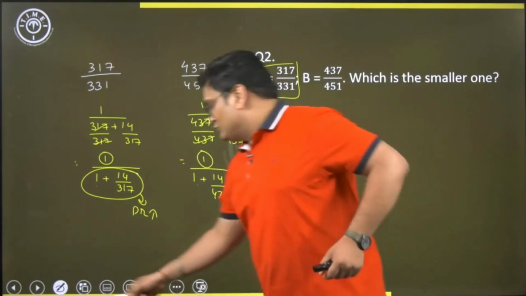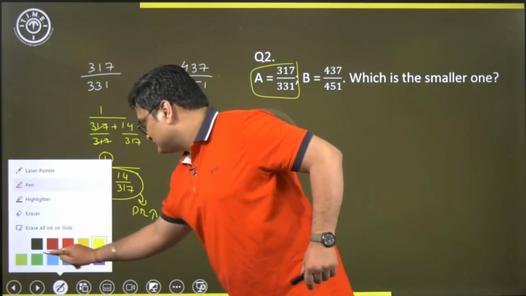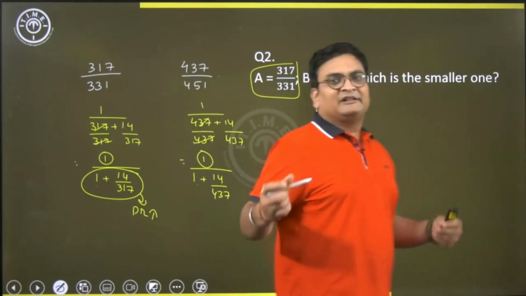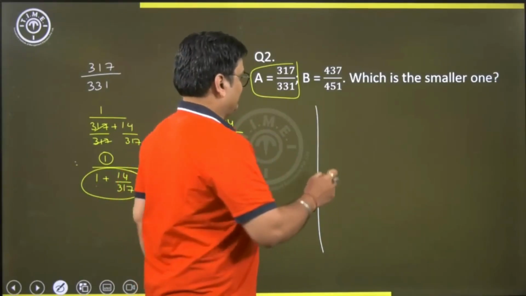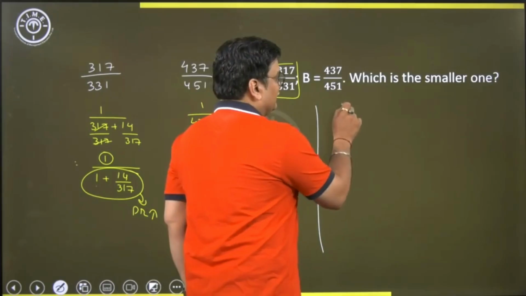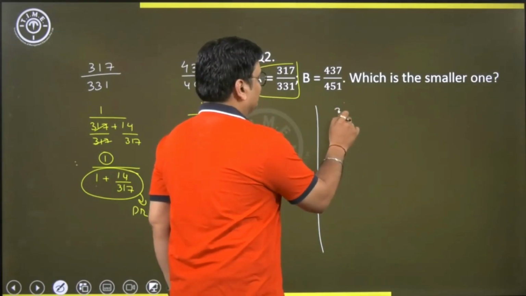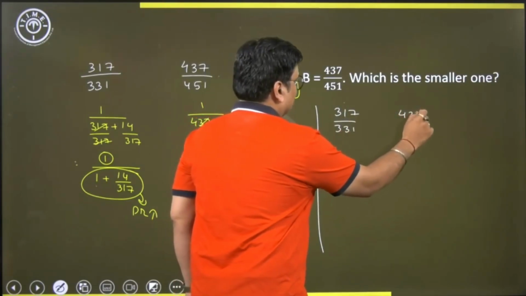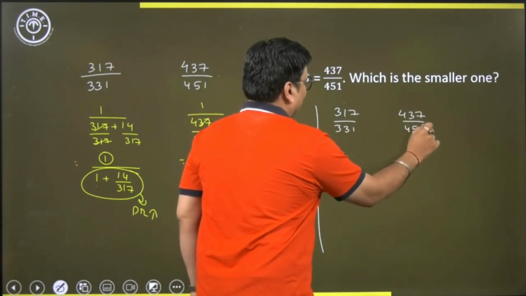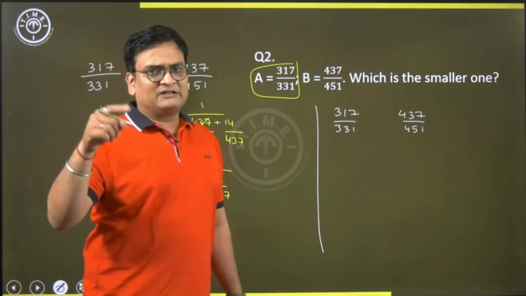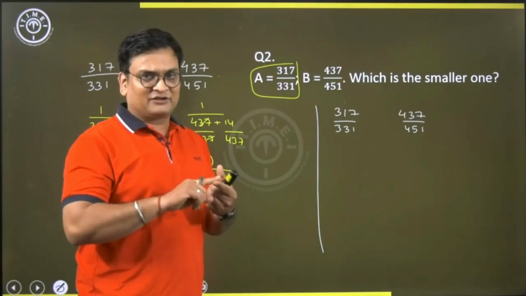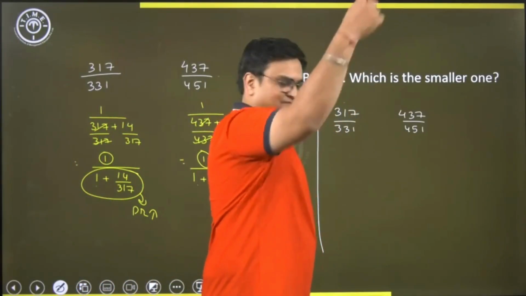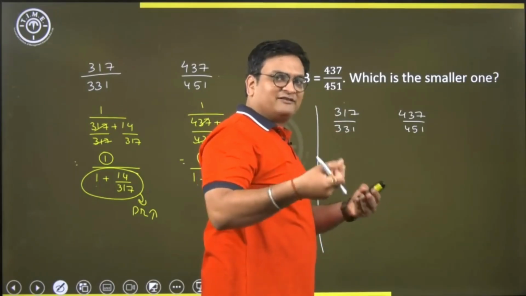However, let me also teach you one more trick here. Now look at the trick. The trick is, in case of proper fractions, if the difference between numerator and denominator is constant, the fraction with larger numerator will be higher, and the fraction with smaller numerator will be smaller.